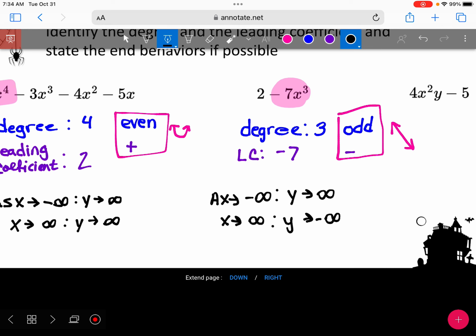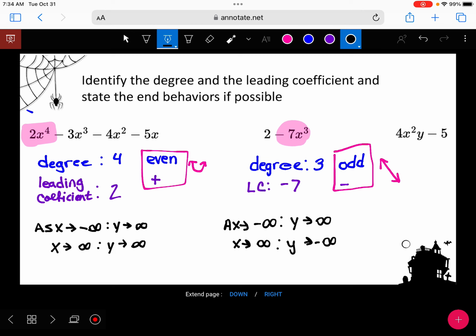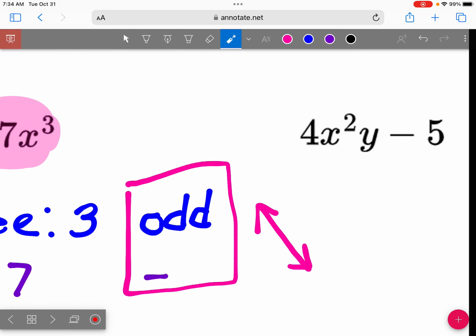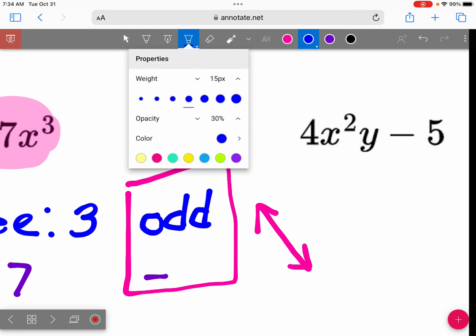And on this last one, I'm going to ask a slightly different question. Is it a polynomial? Is this something we can work with here? No. The problem here is the second letter.